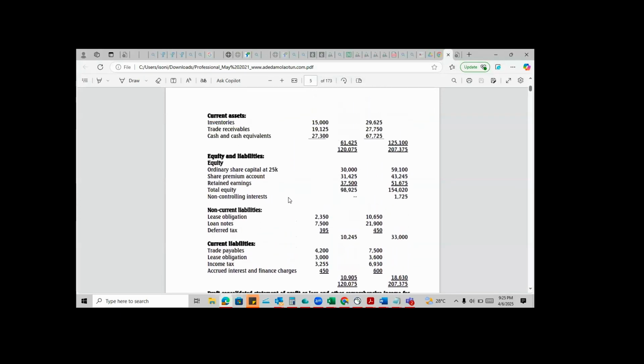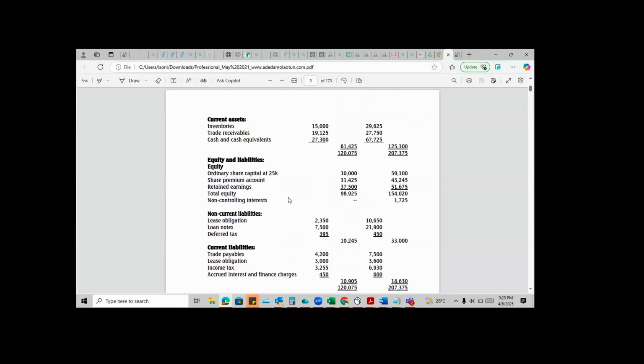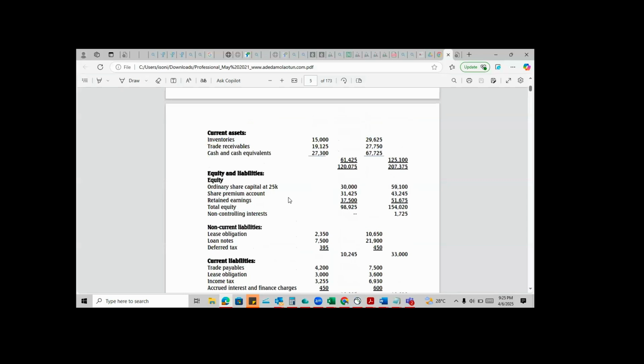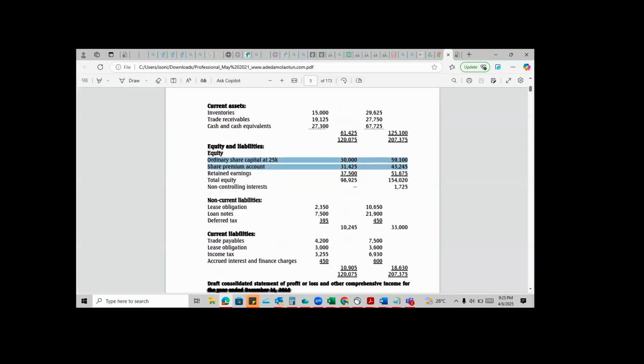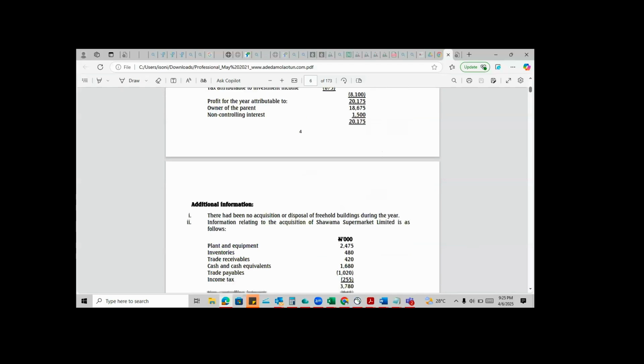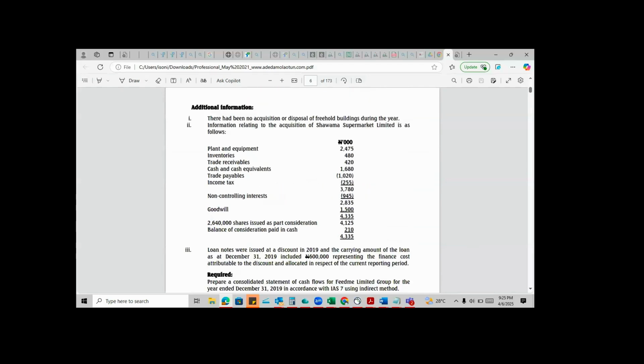Now, another place I want to probably look at is ordinary shares. Do we have issuance? We must have had issuance at the point when we were acquiring these guys. Our consideration led us to an issuance. We'll look at that. All right.